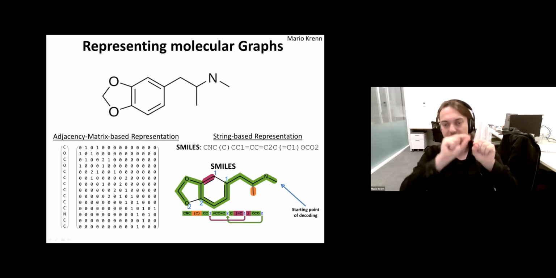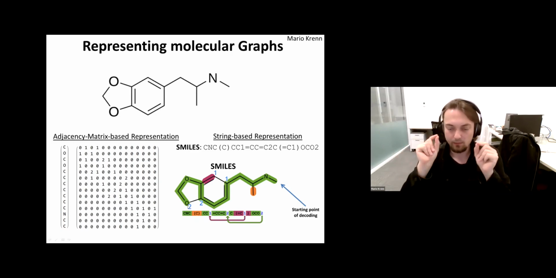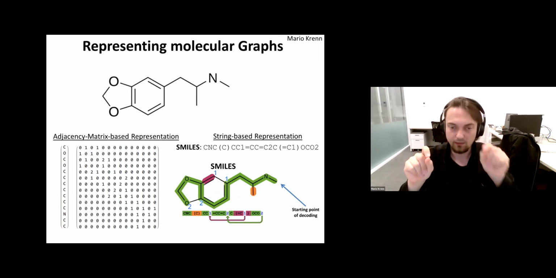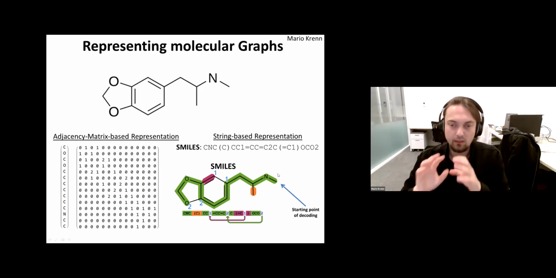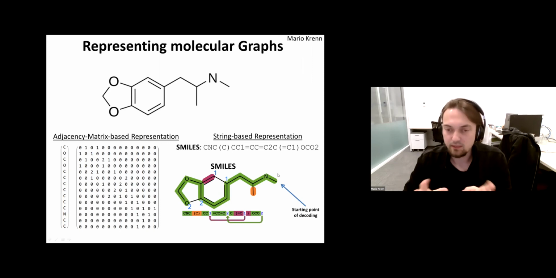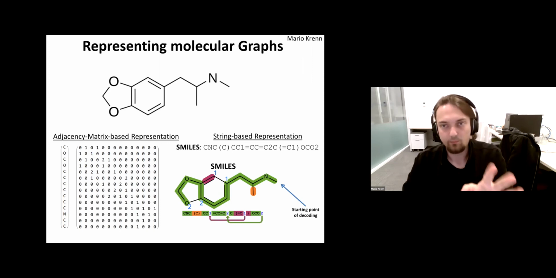You identify this additional edge by putting an integer at the initial and the end point of this additional edge. So in this case, we have a symbol 2, and you interpret this as one additional edge in the graph. And with these two additions, you can basically represent all chemical or molecular graphs.